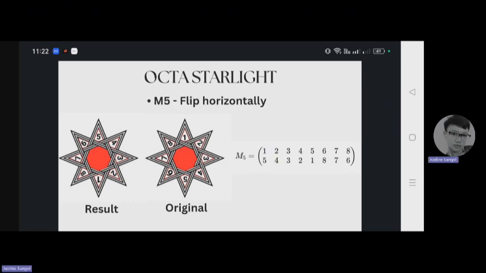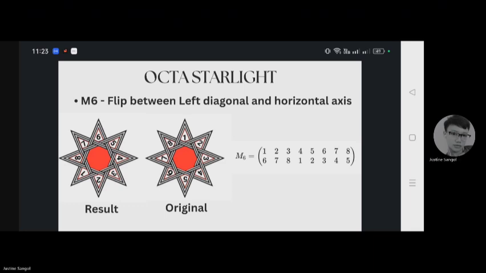So mu5 is equal to 1 to 5, 2 to 4, 3 to 3, 4 to 2, 5 to 1, 6 to 8, 7 to 7, 8 to 6. So mu6 is flip between left diagonal and horizontal axis. So mu6 is equal to 1 to 6, 2 to 7, 3 to 8, 4 to 1, 5 to 2, 6 to 3, 7 to 4, and 8 to 5.